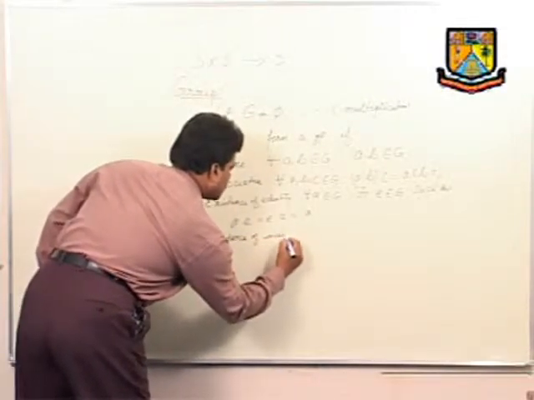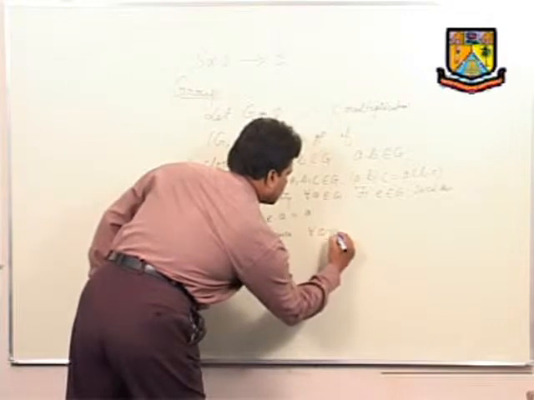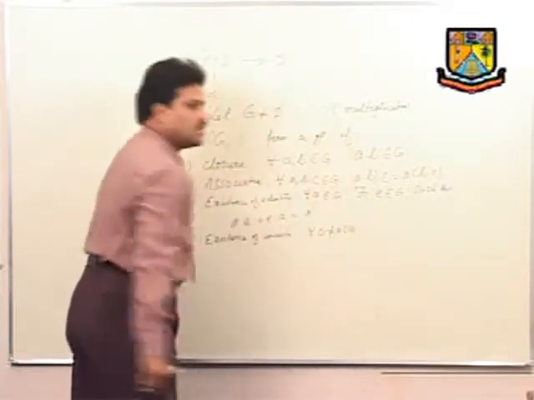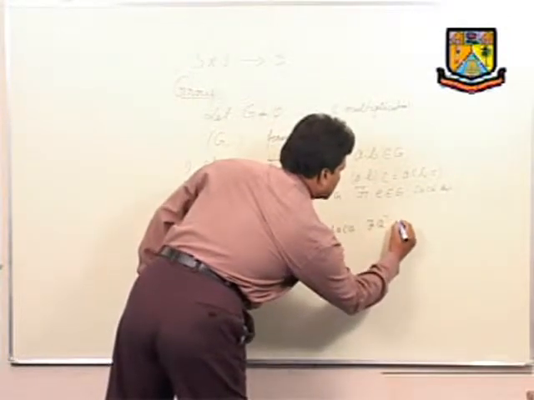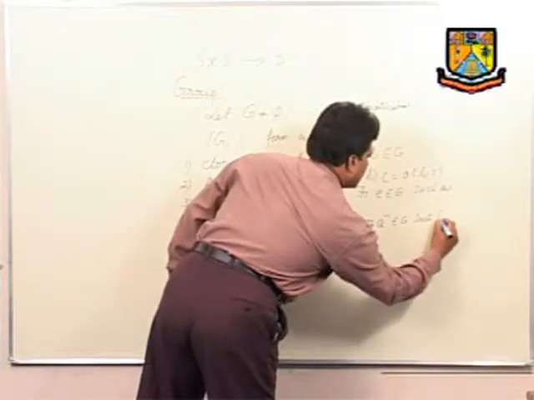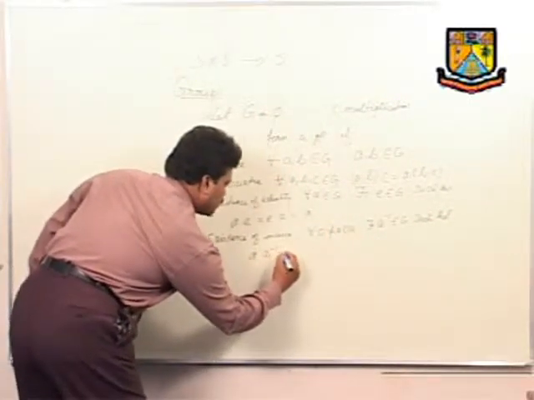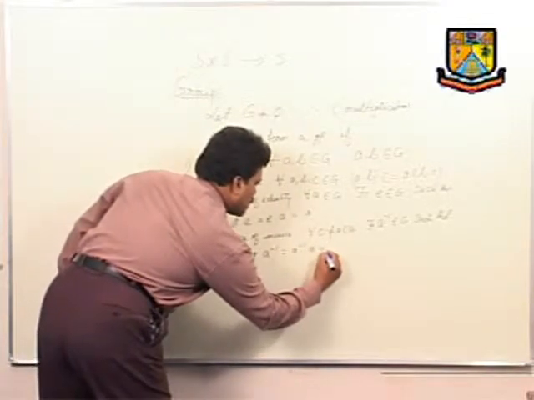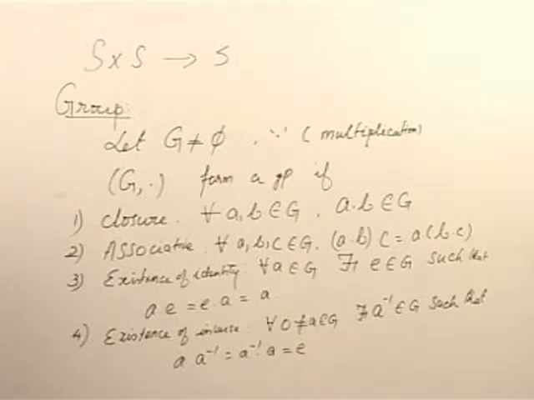For all non-zero elements in G, there exists a inverse in G such that a dot a inverse equals a inverse dot a equals e. If G together with binary operation dot satisfies all the four axioms, then you call it a group.